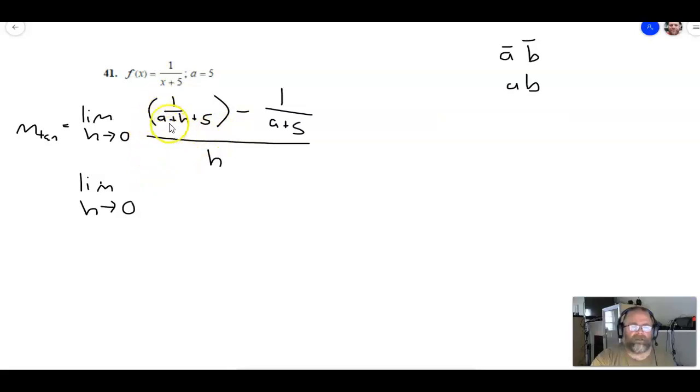So I'm going to multiply the top and the bottom by this denominator here. So this is going to end up being a plus 5 all over a plus h plus 5 times a plus 5. So what I did there was I just multiplied the top and the bottom by this denominator here, and then minus, do the same thing here with this denominator, so we get that common denominator.